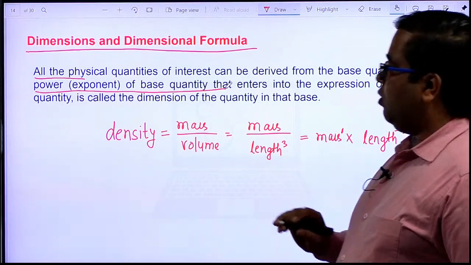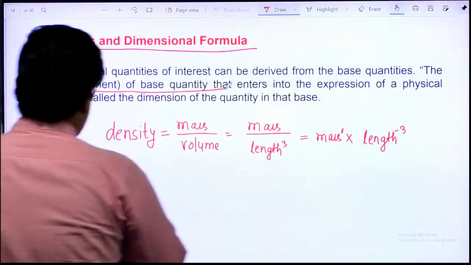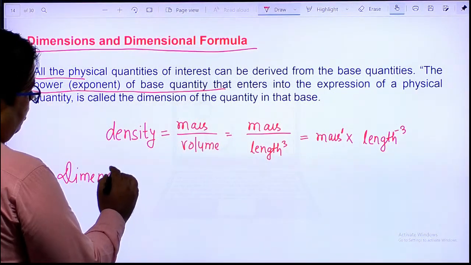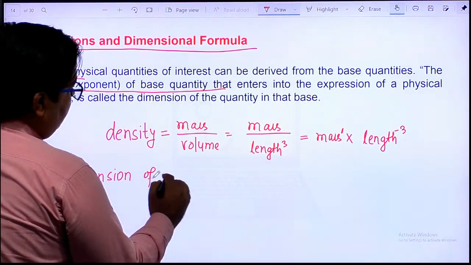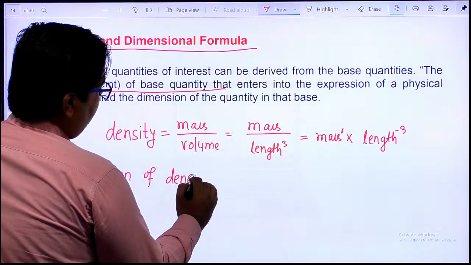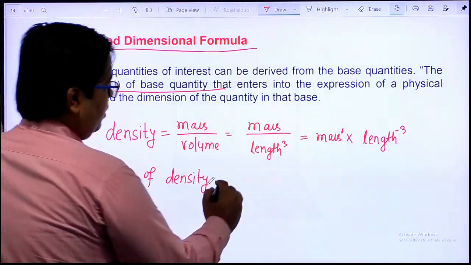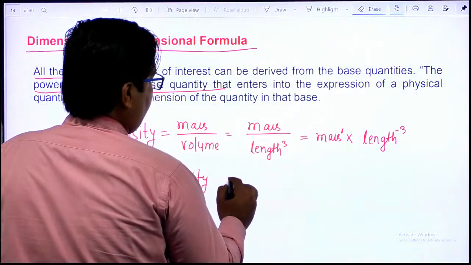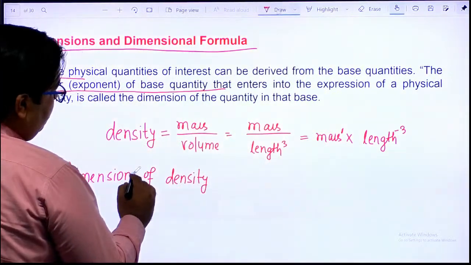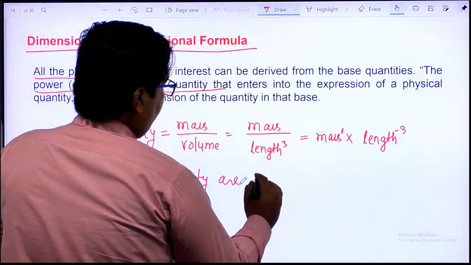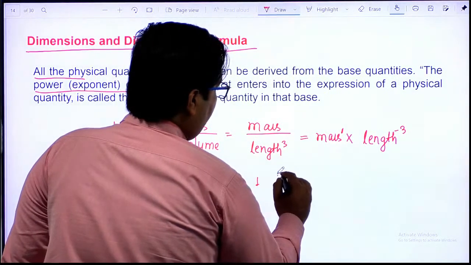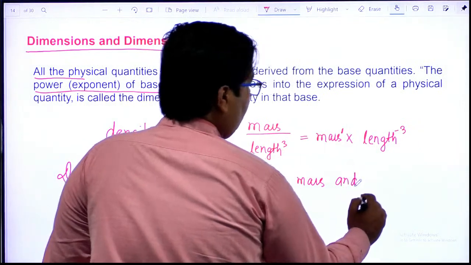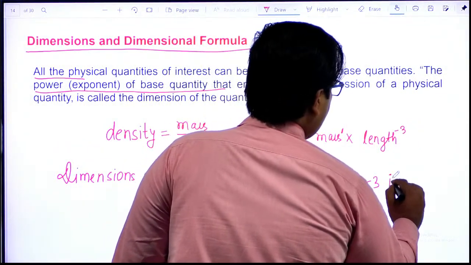So the dimensions of density are 1 in mass and -3 in length.